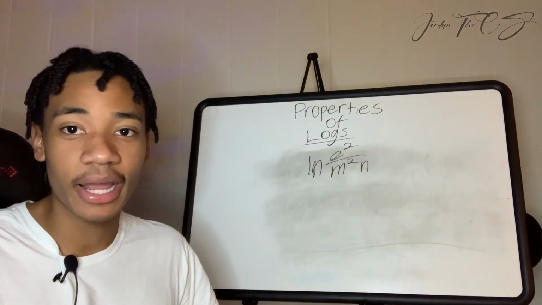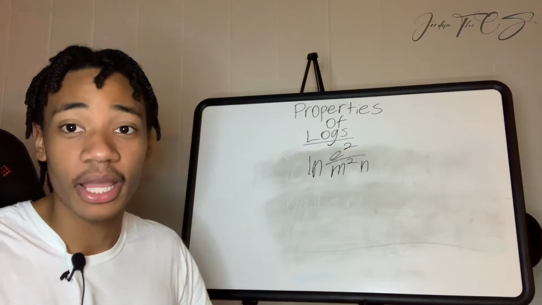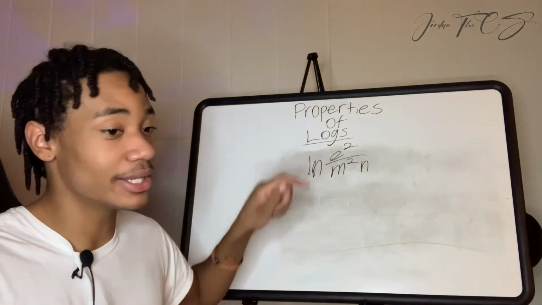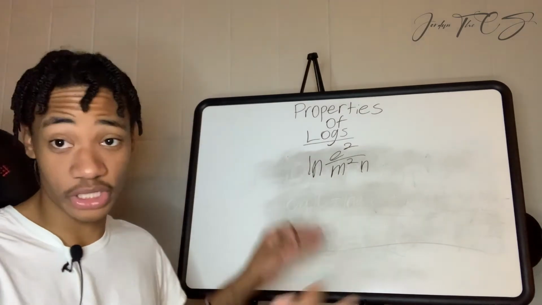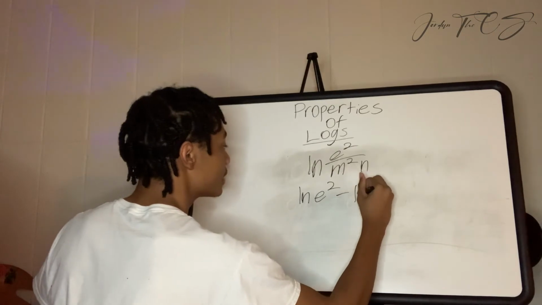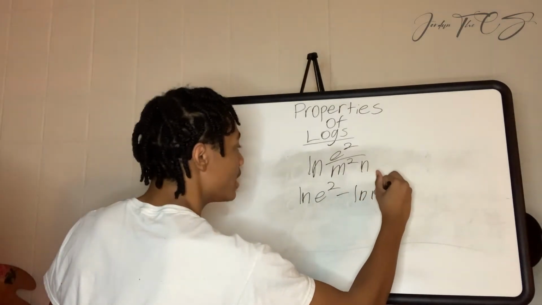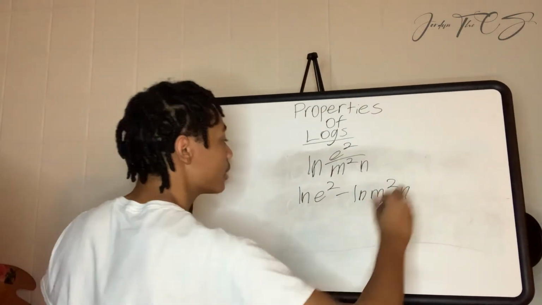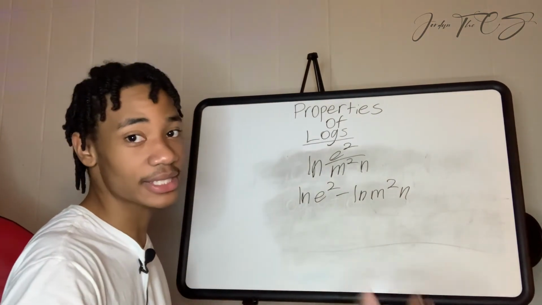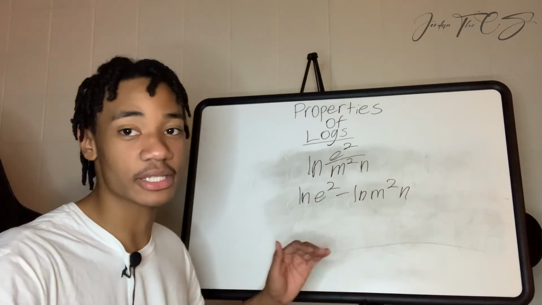So right here I have, wow, hope you can read my handwriting, ln of e squared over m squared n. I'm just going to spread this one apart. Ln e squared minus ln m squared n, because remember, we're expanding apart. So when you subtract, that's actually division, and division turns back into subtraction.